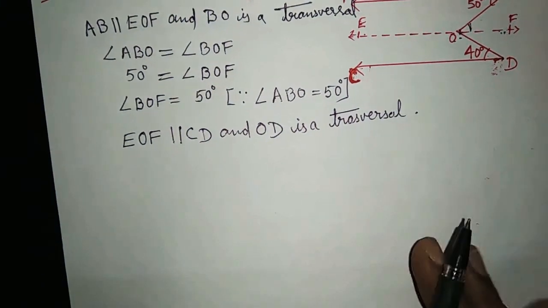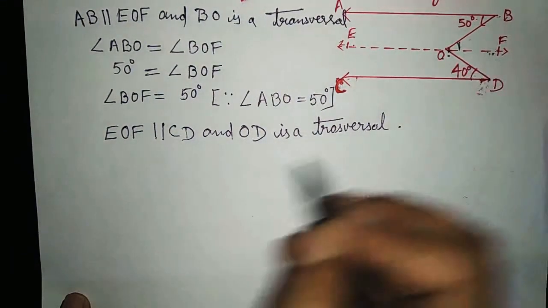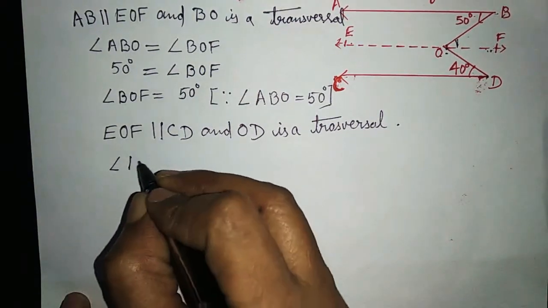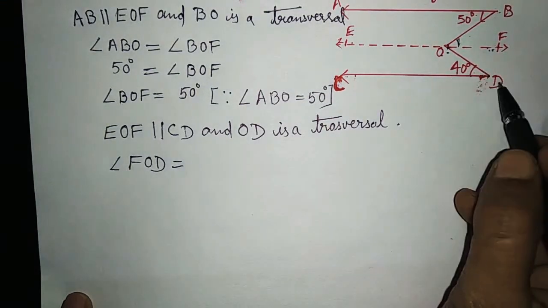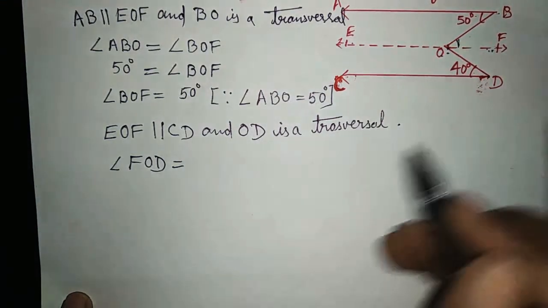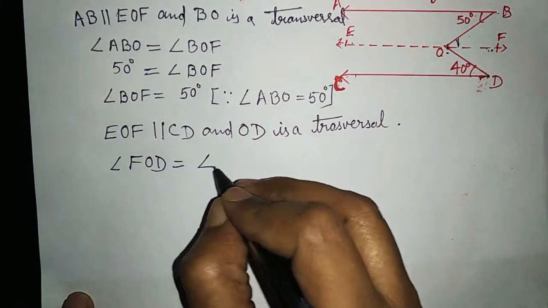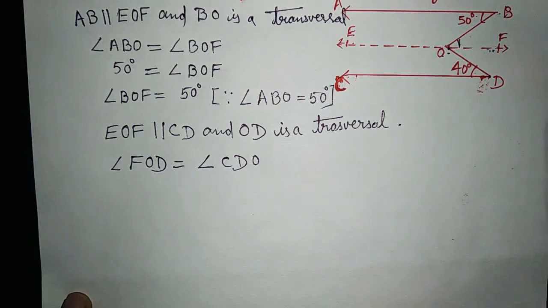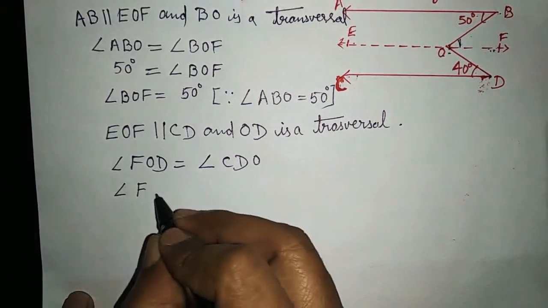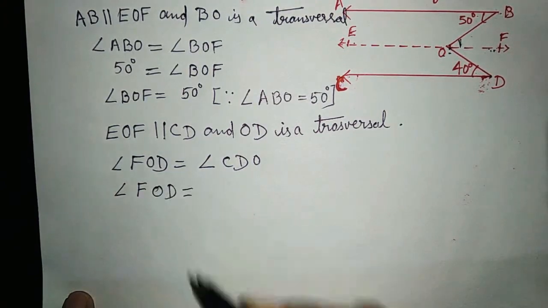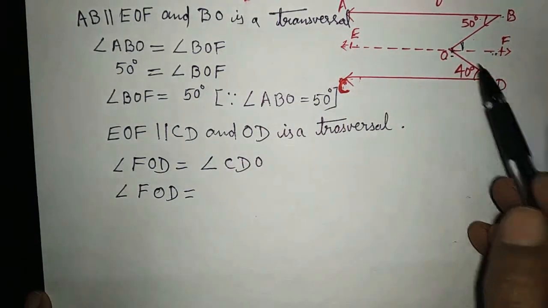Here angle FOD is equal to angle ODC, or you can say angle CDO. Now angle FOD is equal to the measure of angle CDO.